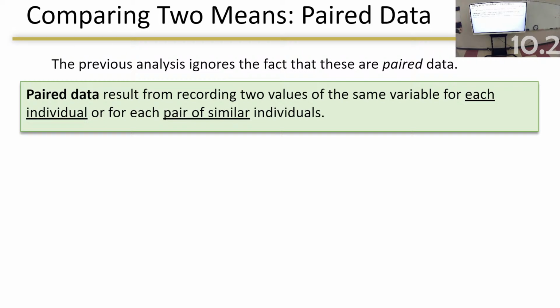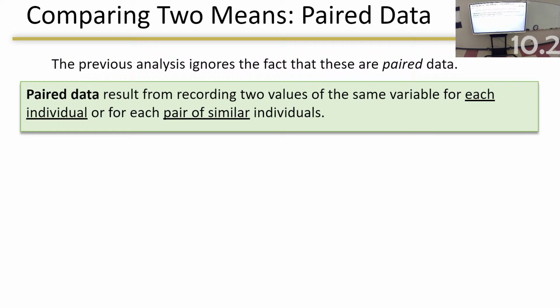Two values from each individual, like a before and after. I record your typing speed before, and then I record your typing speed after the typing class. I'm not too concerned with all of them. I'm concerned with each individual improvement. Or a pair of similar individuals, which is what we did this time.